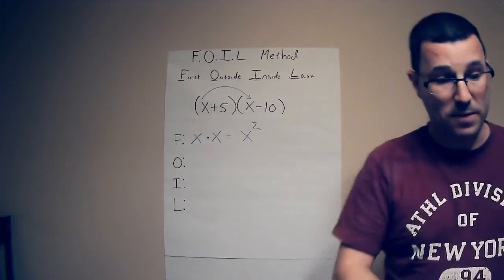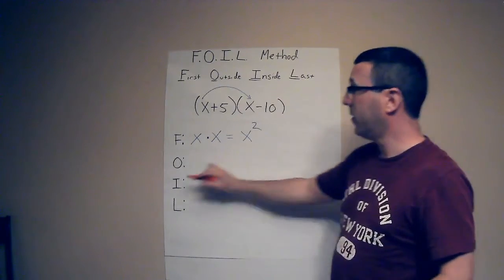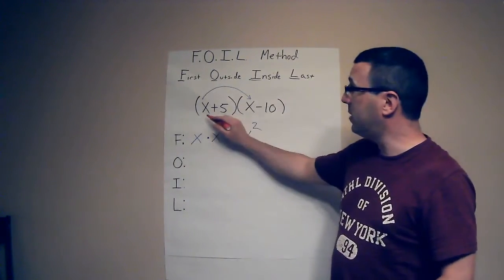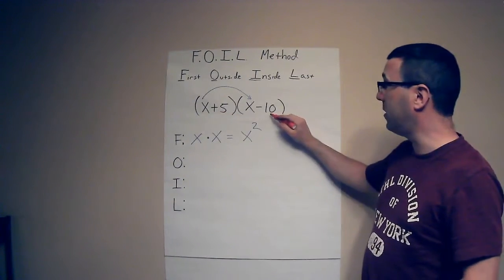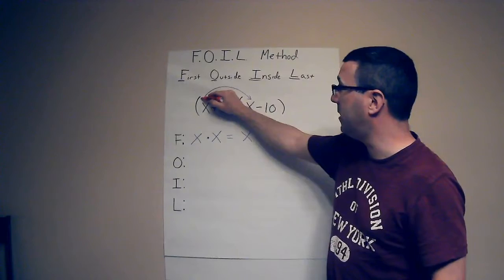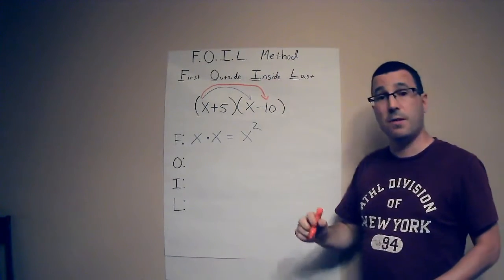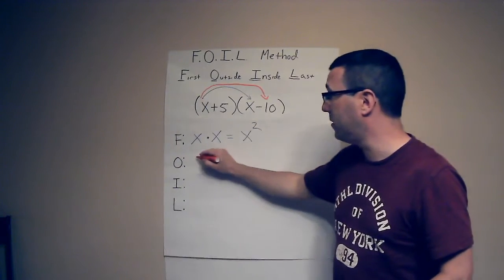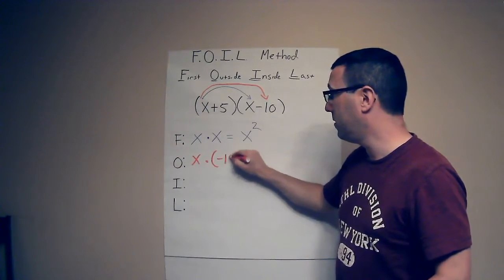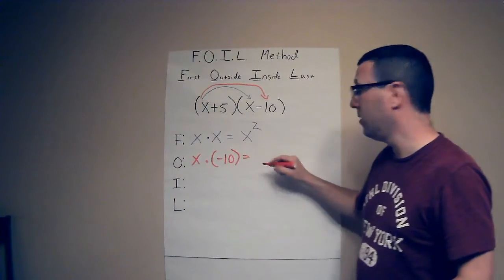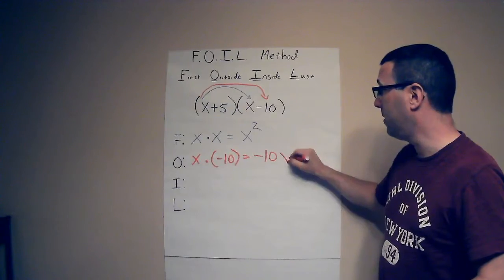So that's the first thing. Second thing we're going to do, the outside terms. So when we say the outside terms, we're referring to the x and we're referring to the negative 10. So I'm going to take this x and I'm going to distribute it to that negative 10. So x times negative 10, which is going to give us a negative 10x.